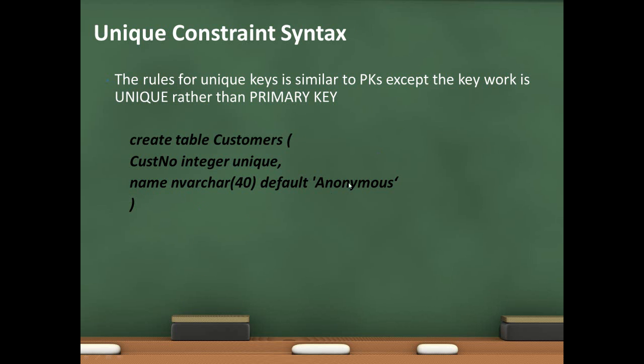So in order to add a unique key, all I have to do is put that keyword unique right after it, and that then would make a unique field. Again, it's pretty simple to do. I'll show you how to use that in the builder in just a moment. I'm not going to go through a demo on all of these. When I do demo it, it will be in the builder.